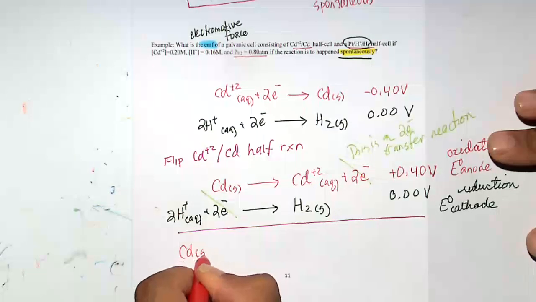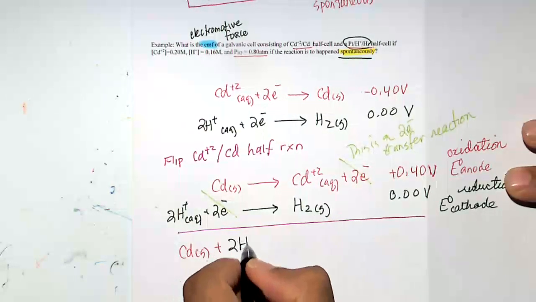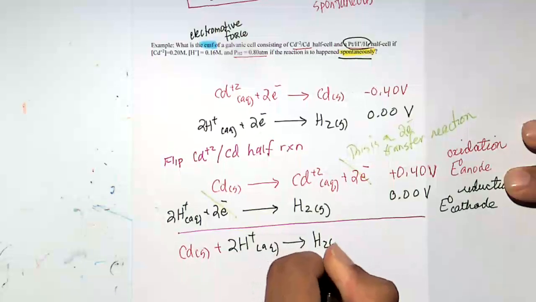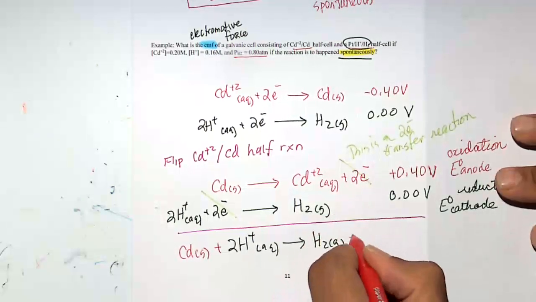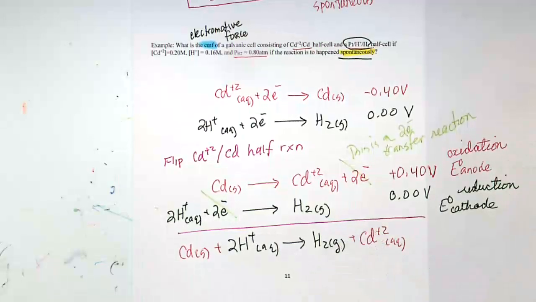So our net is going to be cadmium solid plus 2H+ aqueous goes to H2 gas plus Cd2+. Okay, and this is going to be E cell now.